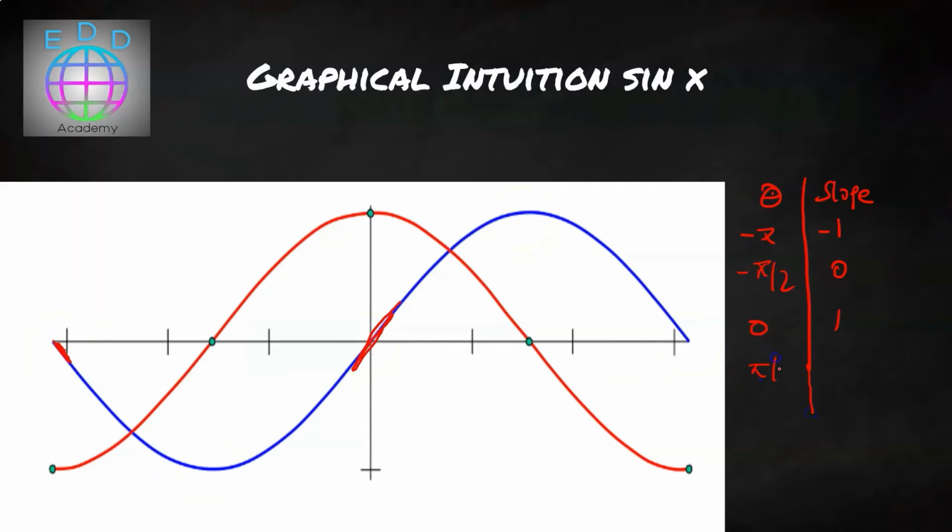And finally, at x equals pi, our slope seems to be, once again, -1. The tangent line seems to be the line y equals -x. So at pi, the slope of our tangent line is -1.